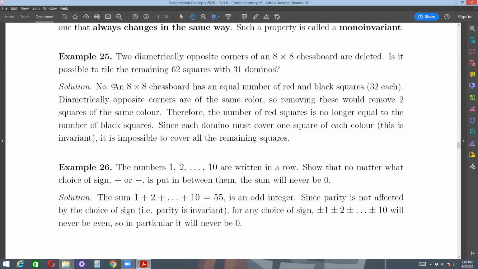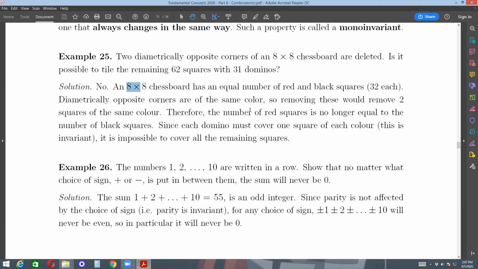Notice if you look at an 8x8 chessboard and color the squares alternating red and black, then there'll be 32 of each before you remove the corners. Now the two opposite corners, if you actually look at it, will have the same color, meaning they will either both be red or both be black. So when you remove those two, you're changing the number of red or black.